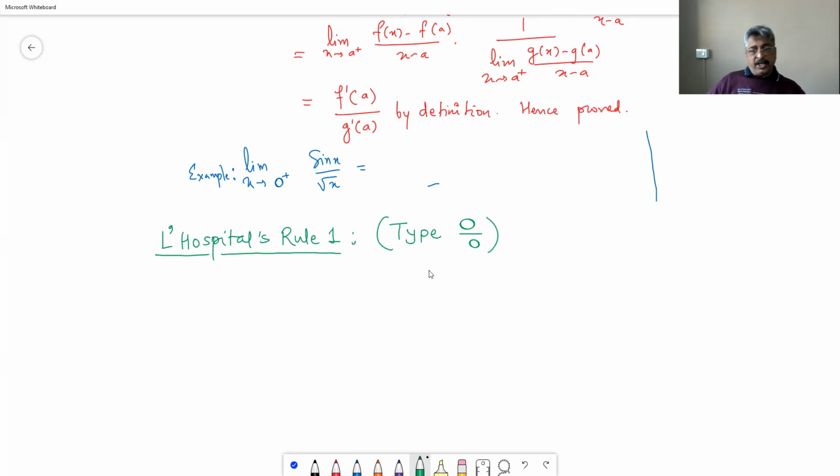We will see what we can do with other types. We have 7 indeterminate forms. This is the most common, therefore we are writing it for this.